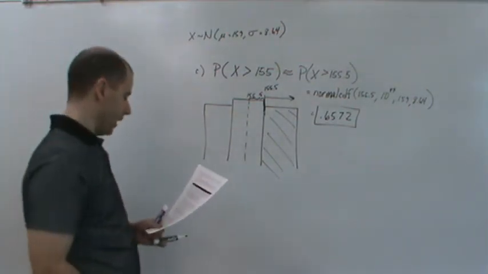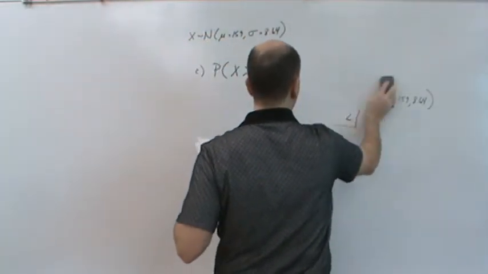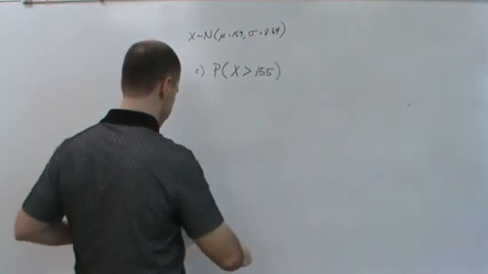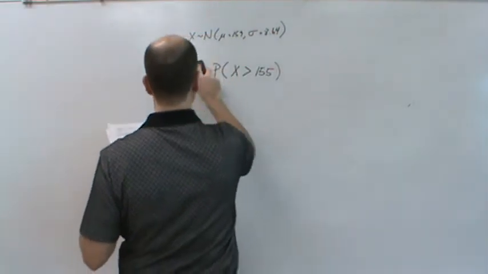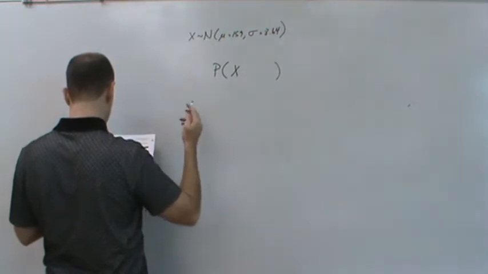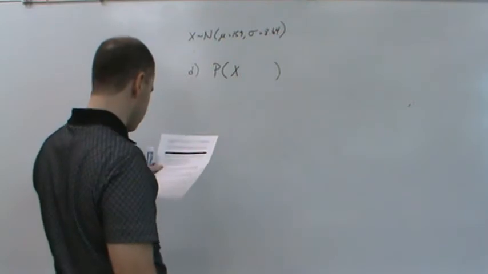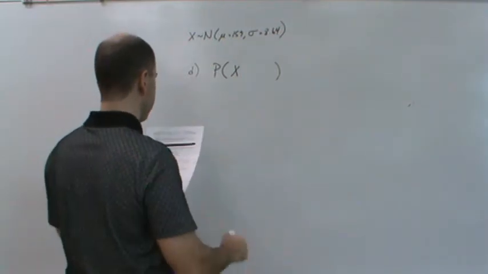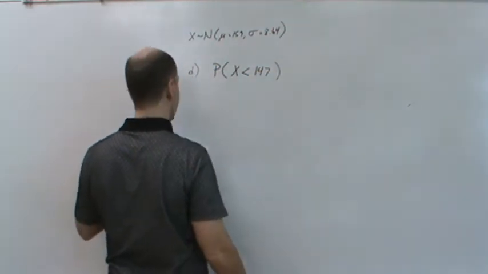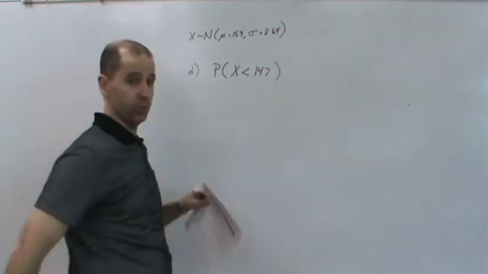That's it. And the last one I'm going to do is similar, but now we're going to say less than. So now part D says, what is the probability that fewer than 147 favor the charter school? Here, again, we want to exclude 147.